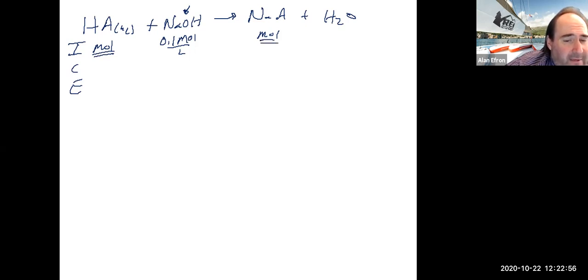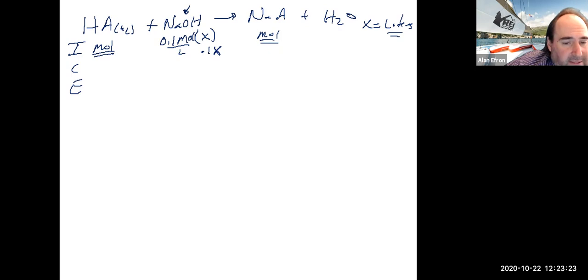So technically we need to multiply this by X. And what X would represent in this case is the liters of sodium hydroxide I would need to add, in order to get me moles. So you could combine this into something like 0.1x.